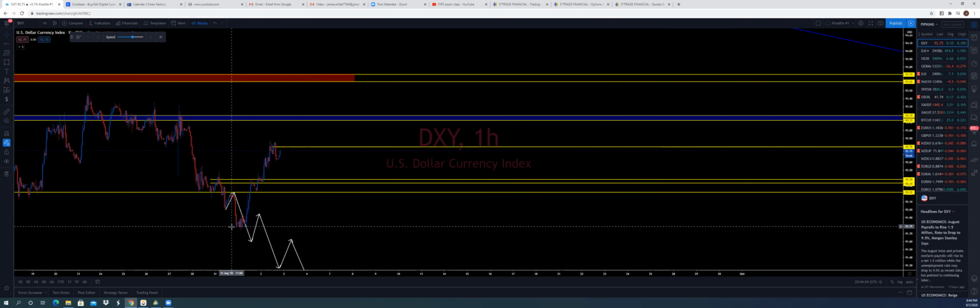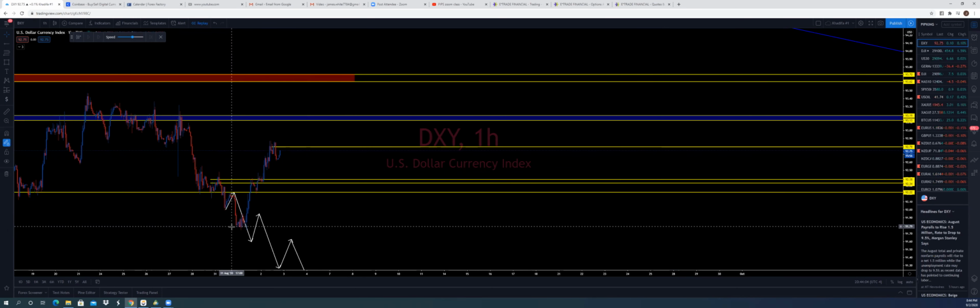We move on to our currency pairs, starting with Euro USD. We got this buy in the beginning of the week. Caught that ride up for like 75 to 88 pips.